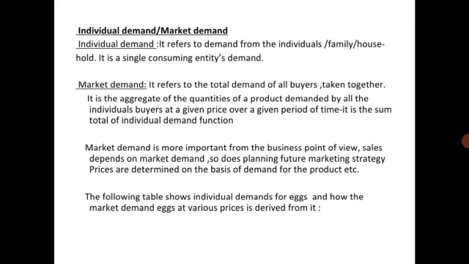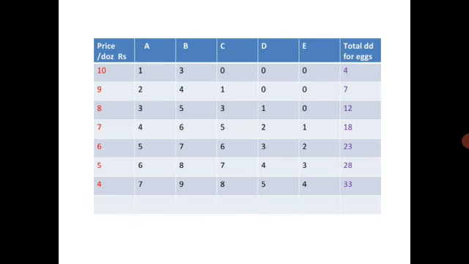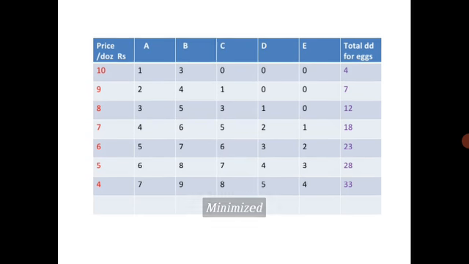Let me show you in a table the market demand for X at various prices. See, the price of a dozen eggs: at 10, A demanded 1, B demanded 3, C demanded 0, D demanded 0, E demanded 0. So the total demand for eggs was 4 when the price was 10.